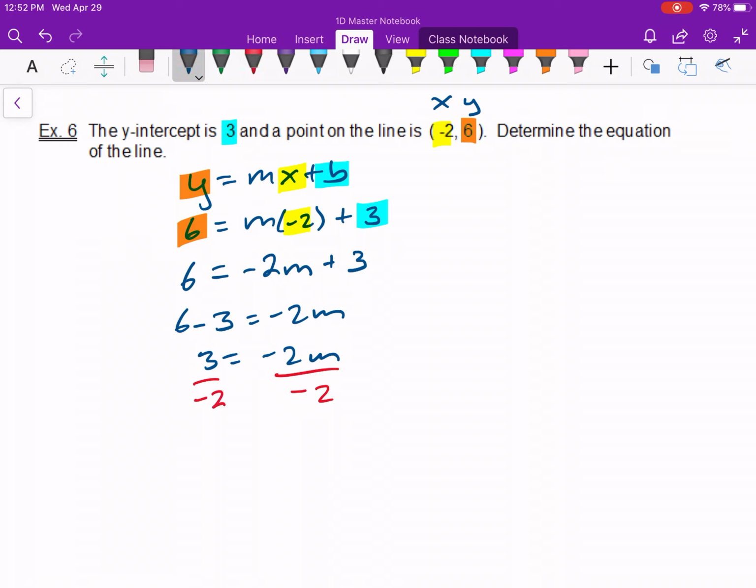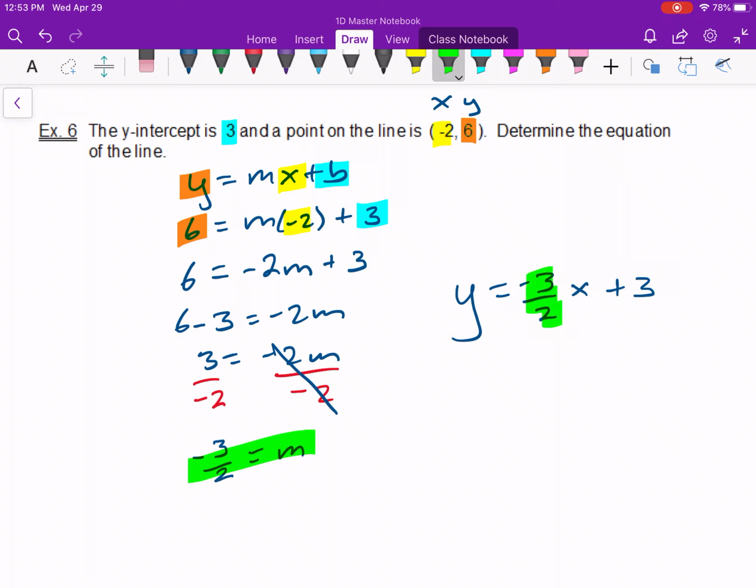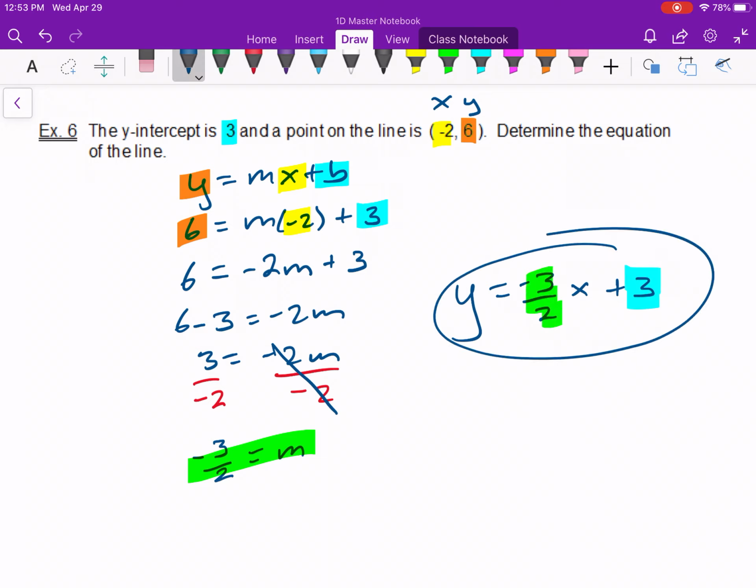And I'd be left with negative 3 over 2 equals m, because these cancel out. And I'm going to move the negative sign to the front, and then what I've got here is a slope of negative 3 over 2. And so putting it together, I get y equals negative 3 over 2x plus 3. And again, same idea, and there's our answer.